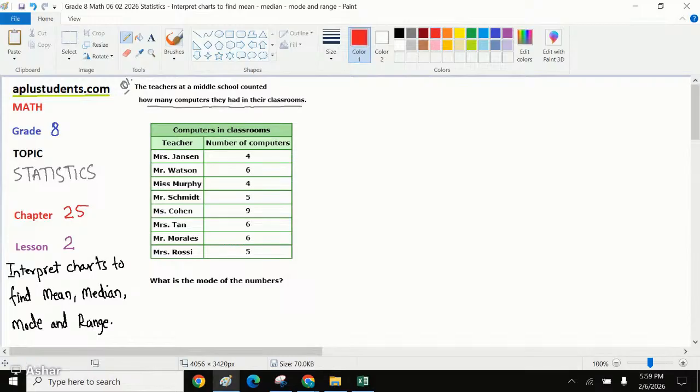We need to remember that median, I'll write it down again, median is also known as the average. Oh, sorry, my mistake. Mean is considered as an average, while median is the middle value.